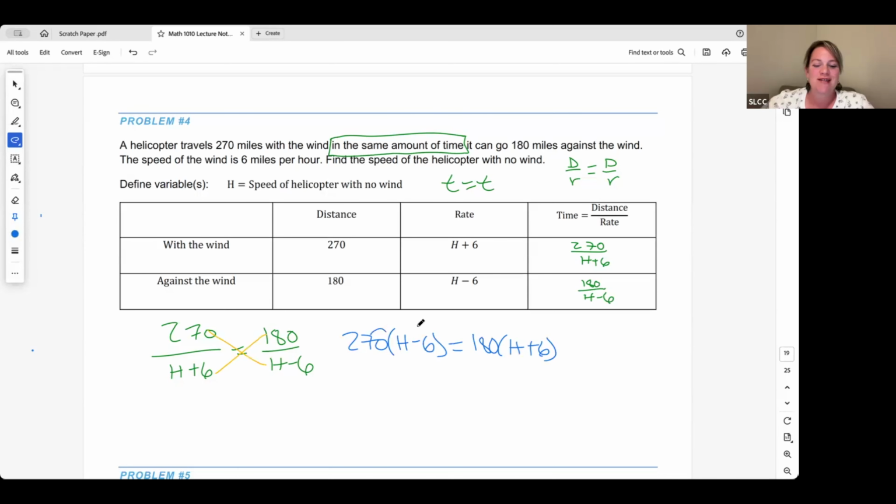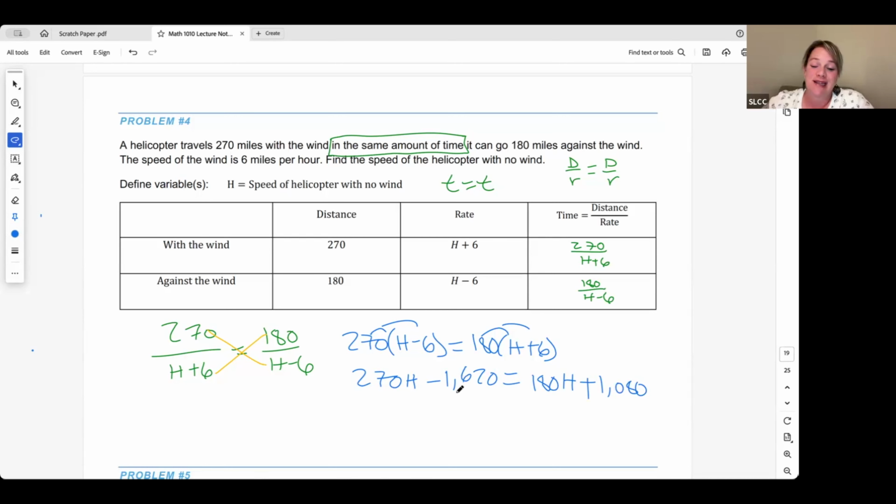Now I can distribute and solve for h. So 270h minus 270 times 6 would be 1,620, equals 180h plus 180 times 6, which is 1,080.